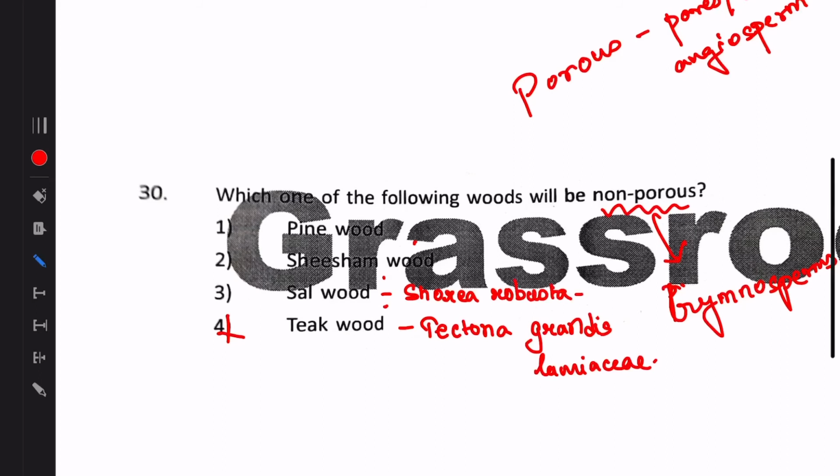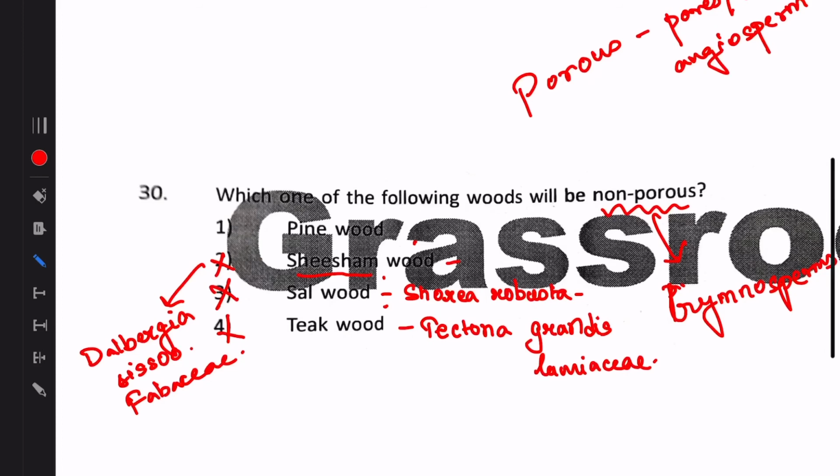Again, angiospermic, from a family I can't remember now. So this again won't be the answer. Next is shisham wood. Shisham's scientific name is Dalbergia sissoo, another famous wood. This is the rosewood, from the family Fabaceae, which is clearly an angiospermic plant, and therefore this won't be our answer too.